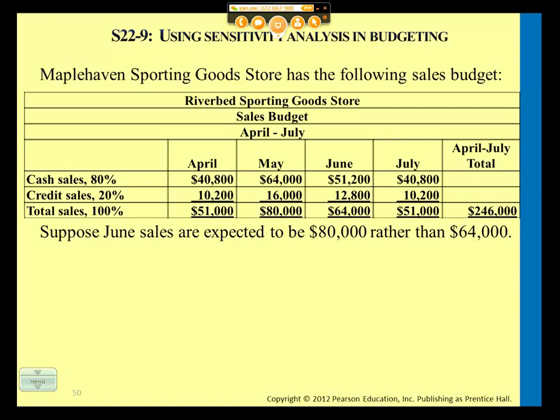That number is for June. June sales are expected to be 80,000 rather than 64,000. I want to see how you calculate all of this. Calculate it yourself and give me your April to July total.